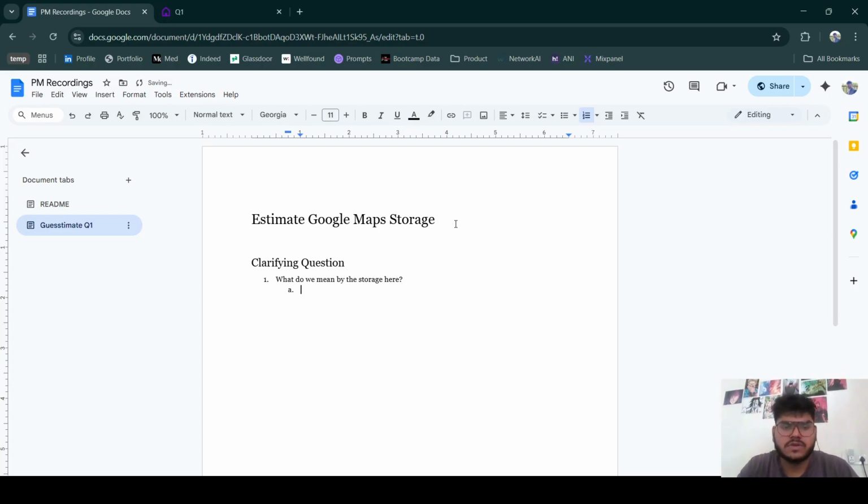The response: I'm assuming the storage we are referring to is the storage occupied by all the maps in Google Maps. If I consider the world map, all the data of the world map, how much space is that going to occupy in the storage centers of Google? That is the question we are trying to solve.